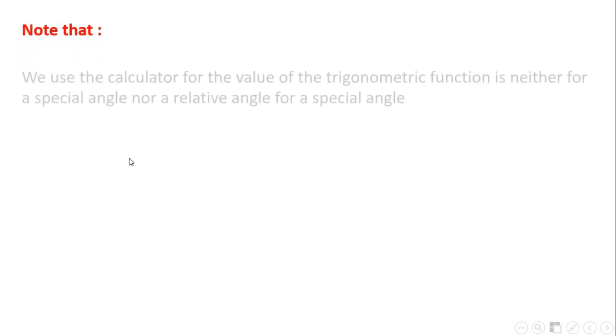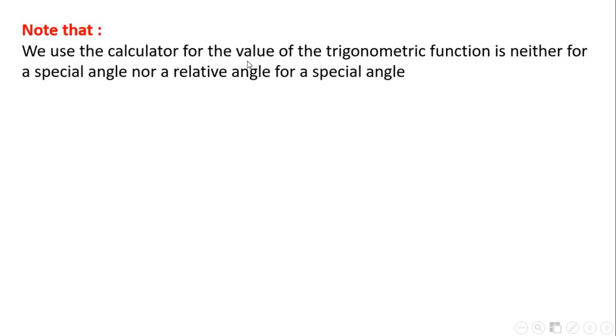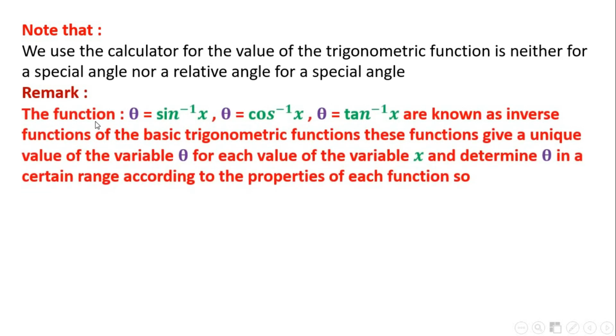Note that we use the calculator when the value of the trigonometric function is neither for a special angle nor for a negative angle. Remark: the functions theta equals sine minus 1 of x, theta equals cosine minus 1 of x, and theta equals tan minus 1 of x are known as inverse functions of the basic trigonometric functions.